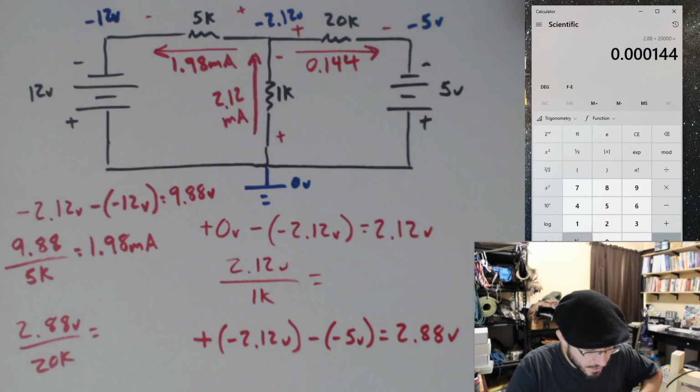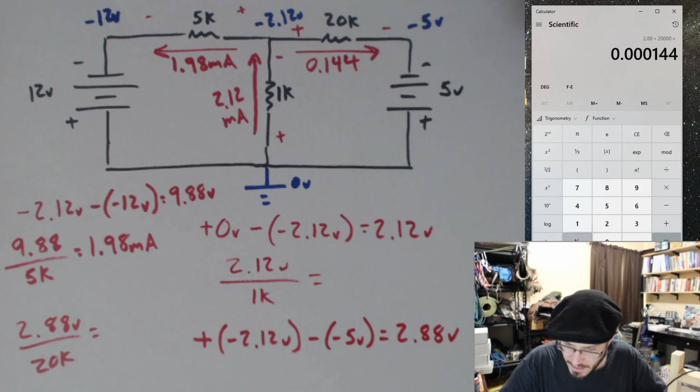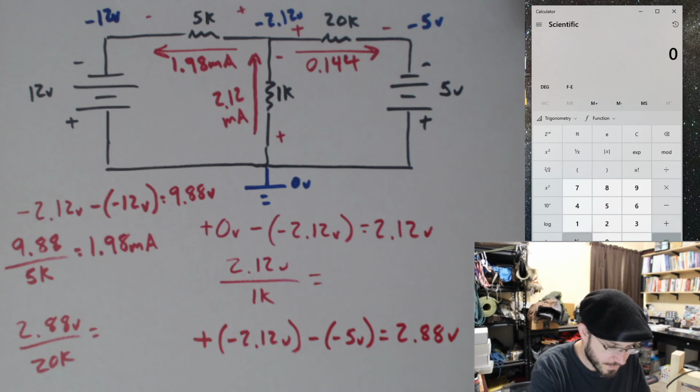Okay, I took that one out to 3 decimal points. I took the other ones out to 2 decimal points. Let's see how close we are.